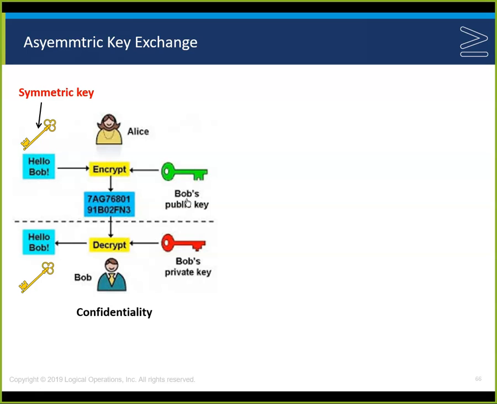So Bob sends his public key to Alice. Alice creates a symmetric key. Once it is created, it's encrypted with the public key and sent to Bob, who then decrypts it with his private key. We now have a symmetric key.